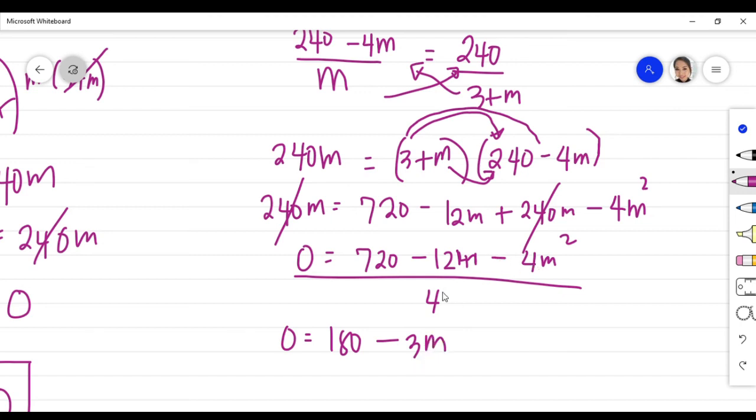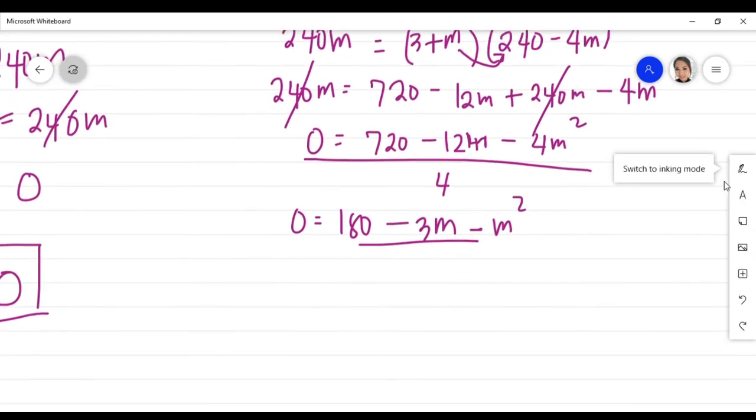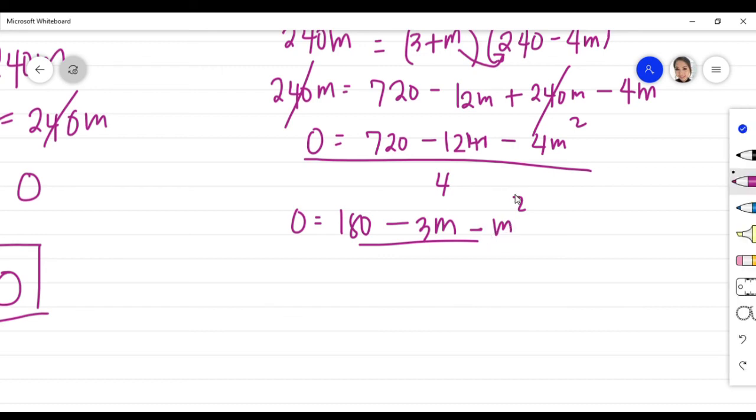Negative 4 divided by 4, that is negative m squared. So we can transfer these terms to the left side to make it positive. Negative m squared becomes positive m squared. Negative 3m becomes positive 3m. Positive 180, transferred to the left side, becomes negative 180 equals 0.